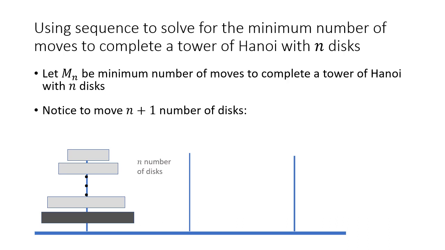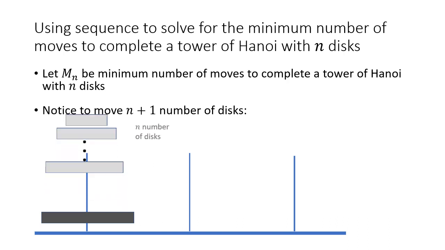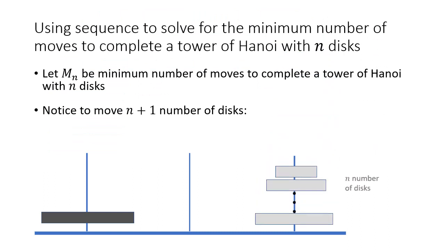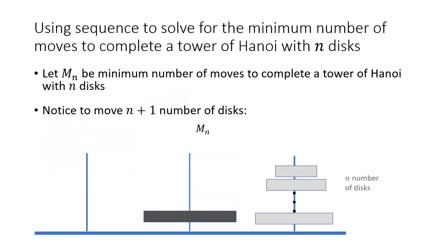First, we have to move n disks, which will take Mn moves. Then we'll need one move to move the bottom largest disk to the center.